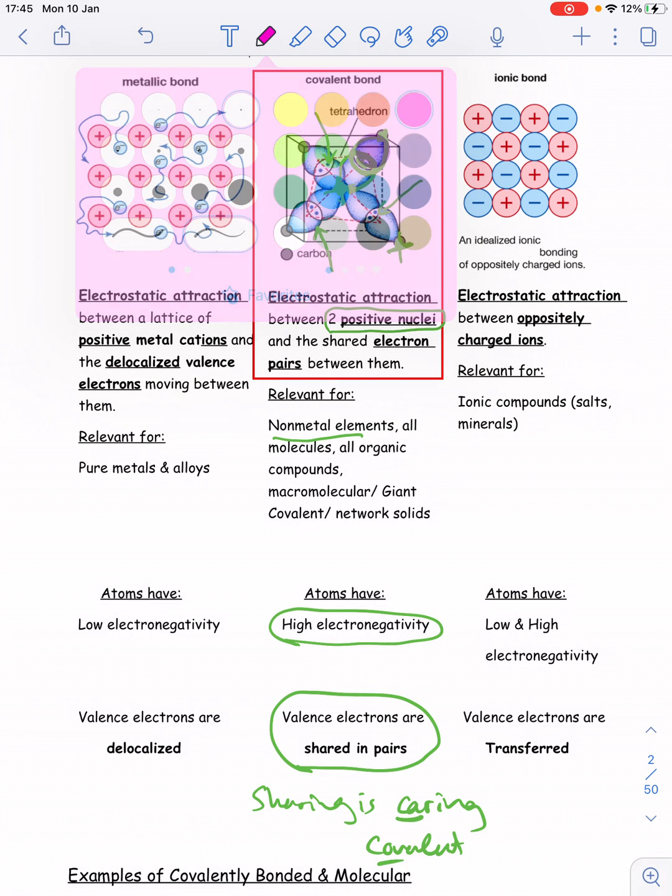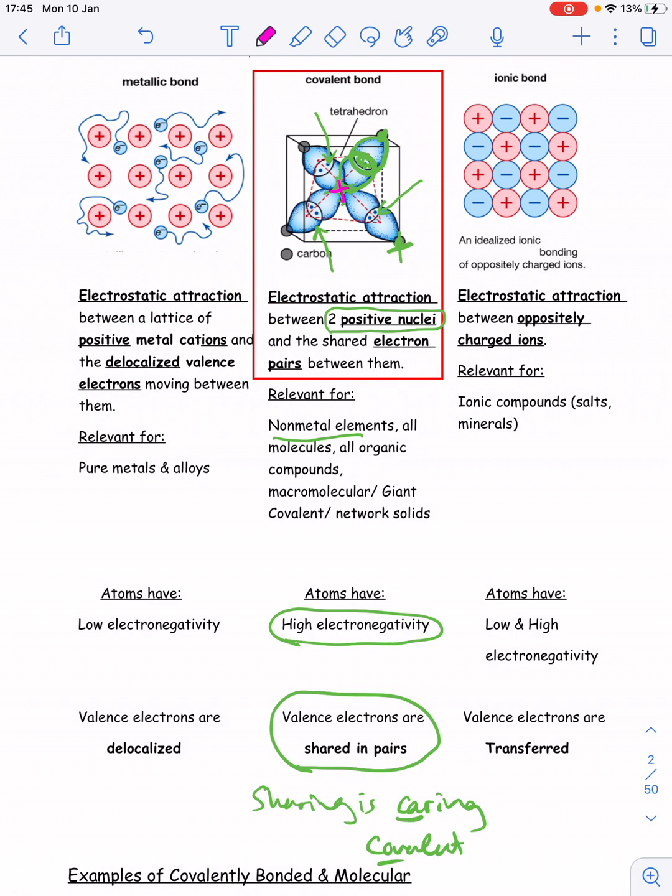I'll switch my color. So every atom has a nucleus that's positive. We know that from our Z effective talk and all the different properties that we looked at. And there are shared electrons between them, and both positively charged nuclei are trying to pull on those electrons, and so that keeps the two atoms together.